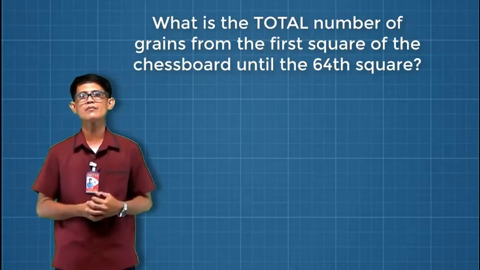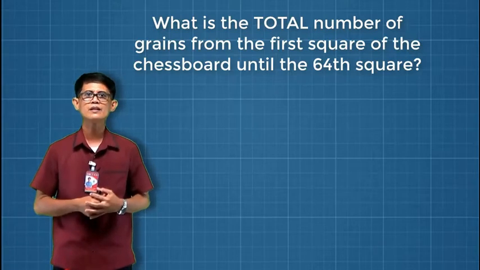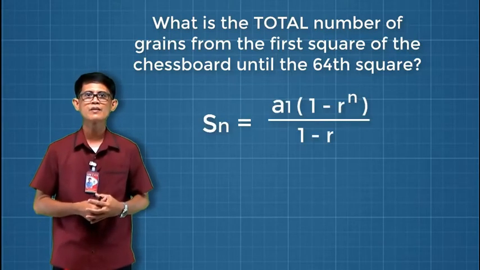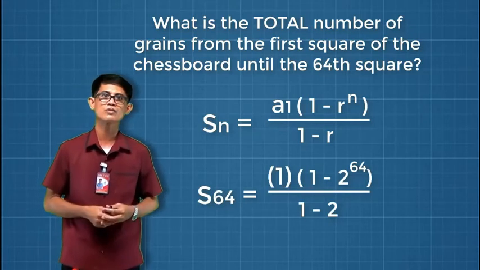Now going back to our chessboard story, what is the total number of grains from the first square until the 64th square? Wow, this is a big one. Substituting all the given to the formula, the sum will be, this will blow your mind guys, even a calculator will smoke.